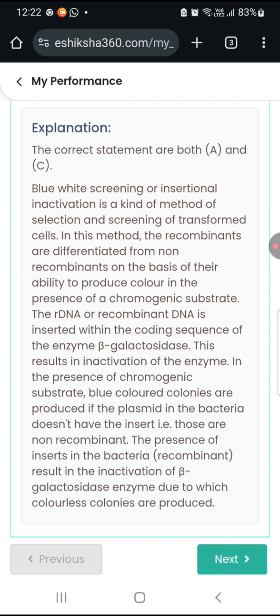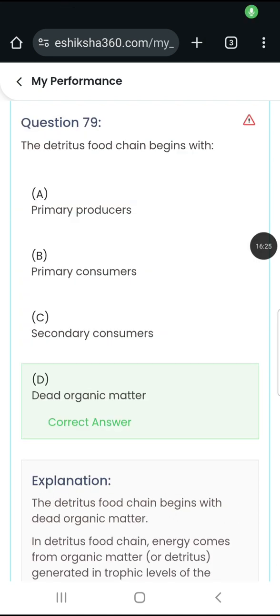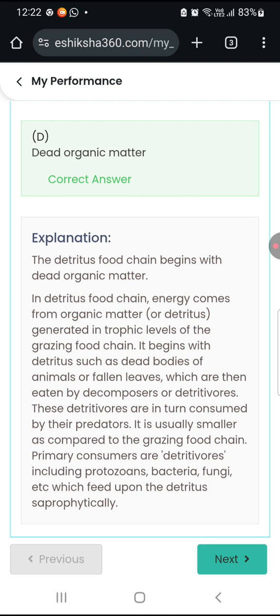colonies are produced. The detritus food chain begins with dead organic matter. Explanation: the detritus food chain begins with dead organic matter. In the detritus food chain, energy comes from organic matter or detritus generated in trophic levels of the grazing food chain.